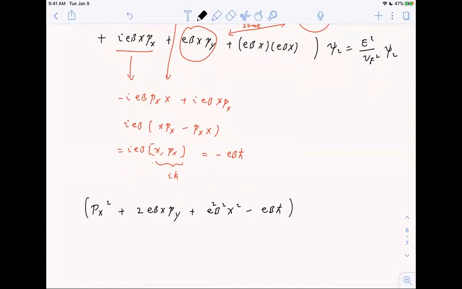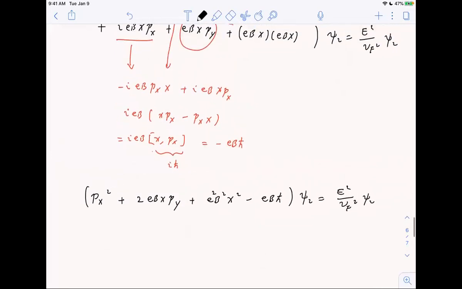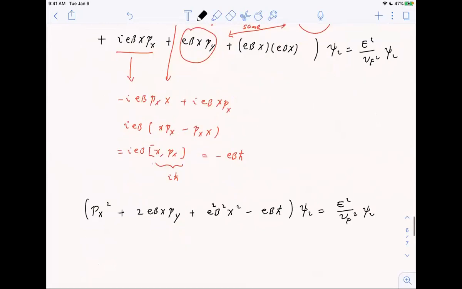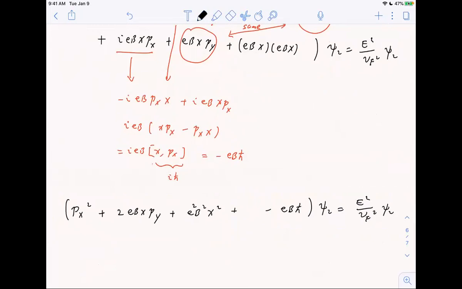Okay, so this will be phi, 2 e squared v_F phi. Let's continue. We still have the p_y. We missed the p_y. There's a p_y here.